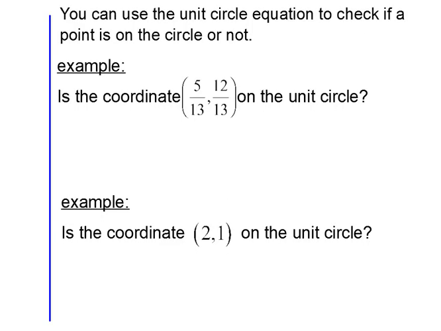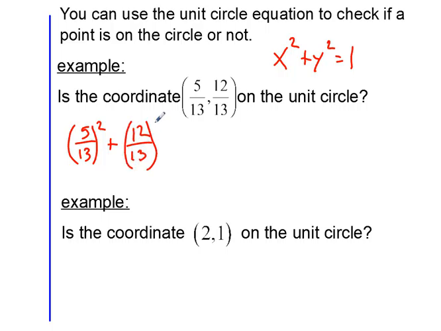We can use the unit circle equation to check if a point is on the circle or not. All we have to do is substitute the x and y values to find out if they work in the unit circle's equation. So remember, the equation is x squared plus y squared equals 1. Let's substitute. 5 divided by 13 squared plus 12 divided by 13 squared, will it equal 1?